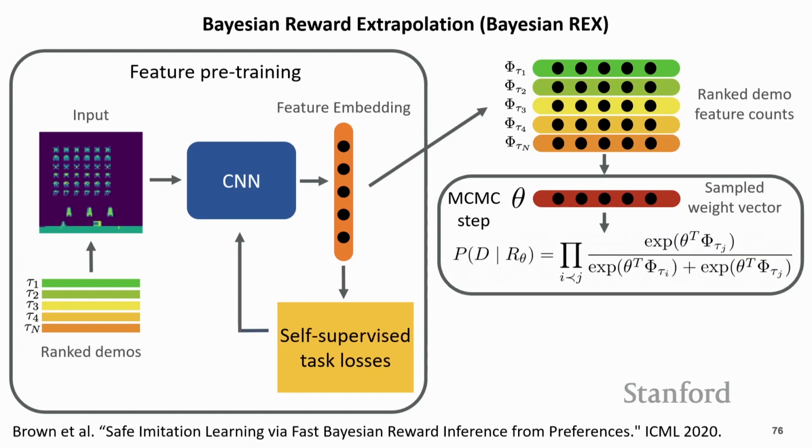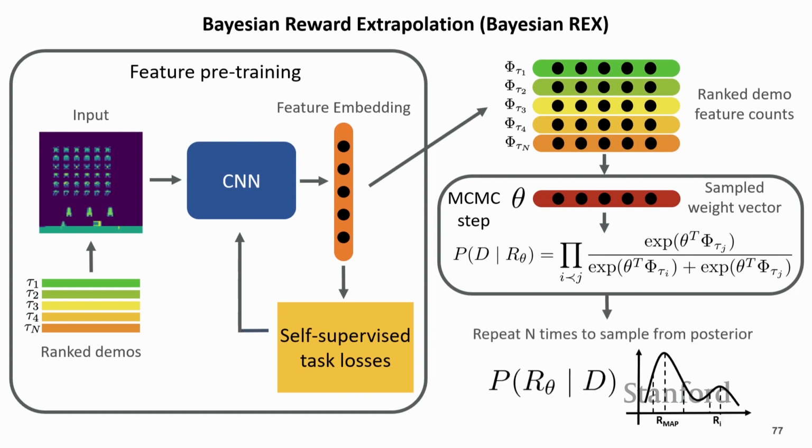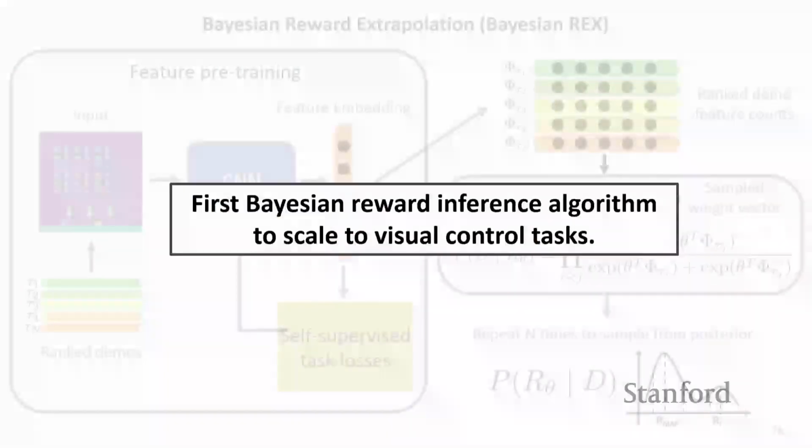We can now use this likelihood function based on these preferences. With just a couple of dot products, we can efficiently evaluate the likelihood of any hypothesized reward function without any need of touching the MDP: no rollouts, no MDP solver. This allows us to repeatedly sample from this posterior distribution really efficiently. This is the first Bayesian reward inference algorithm that's able to scale to these visual high-dimensional control tasks.